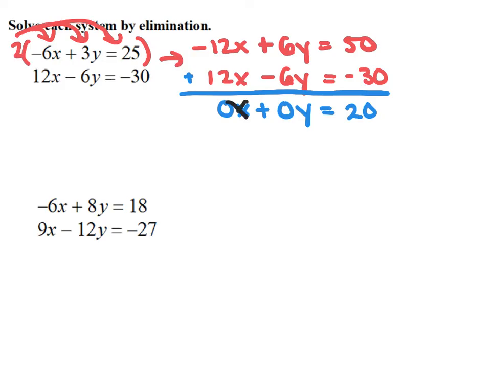Now I don't have to write that 0x or the 0y. So that really means that it gives me 0 equals 20. Now we know, looking at this, that this isn't a true statement. So since this is false, it indicates no solution.